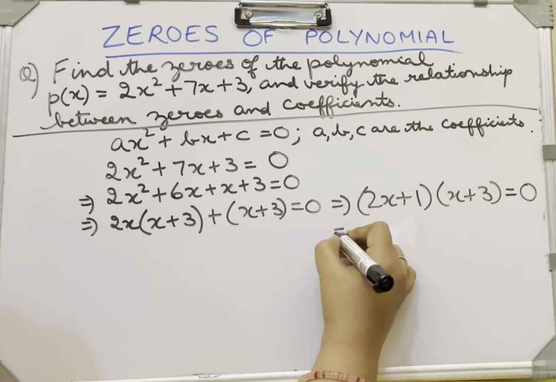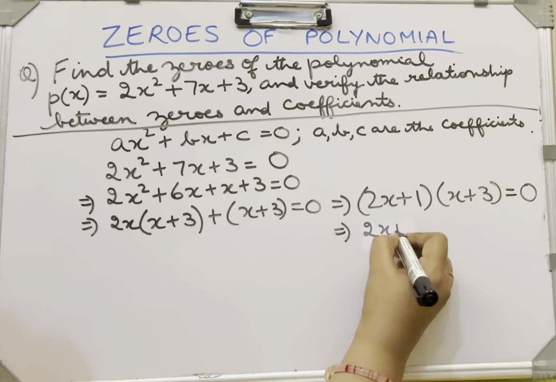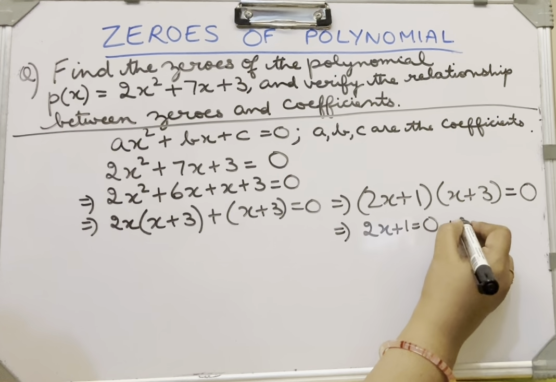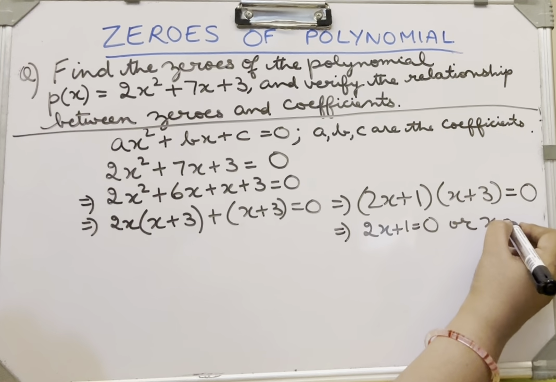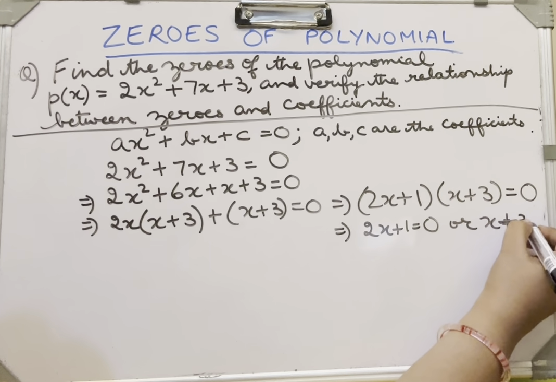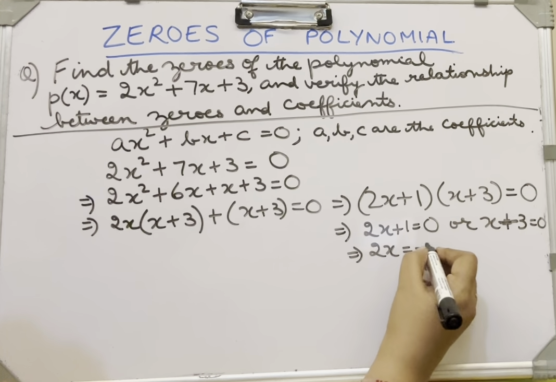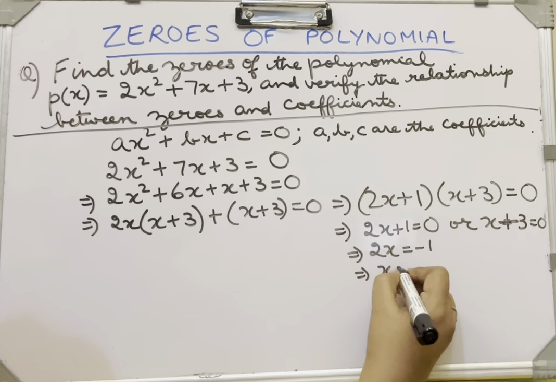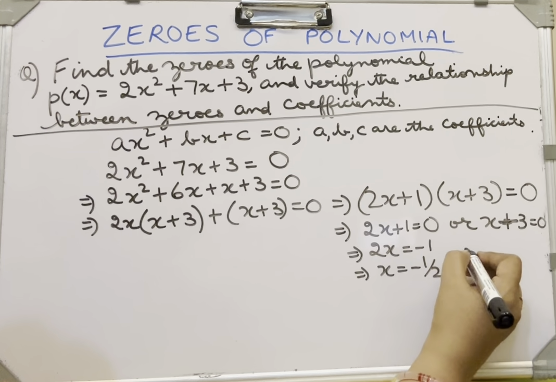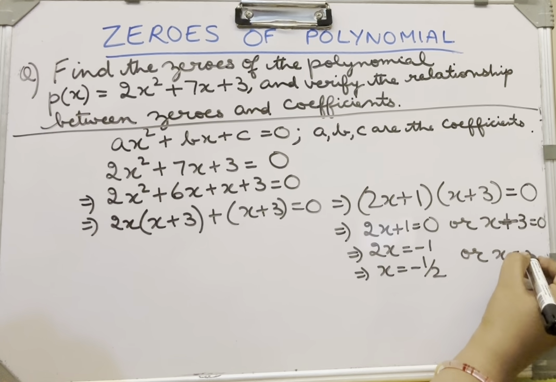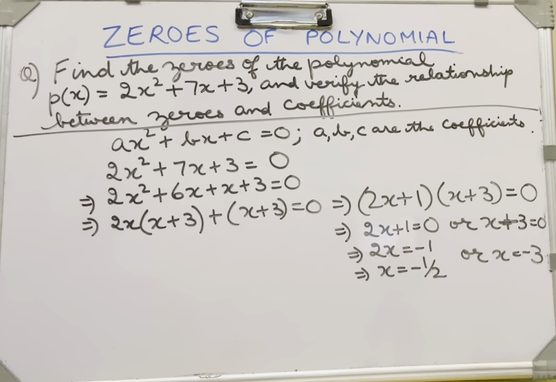Hence, 2x plus 1 is equal to 0, or x plus 3 is equal to 0. So 2x is equal to minus 1, so x is equal to minus 1 by 2, or x is equal to minus 3.